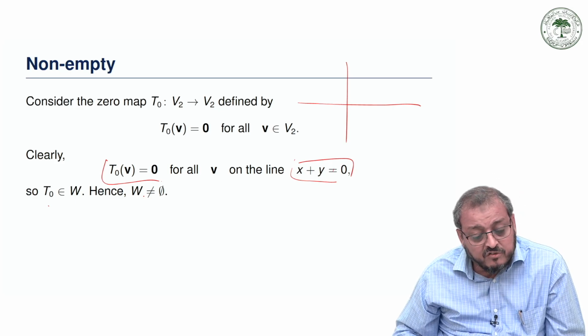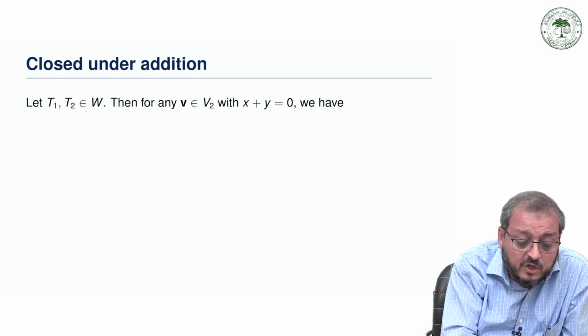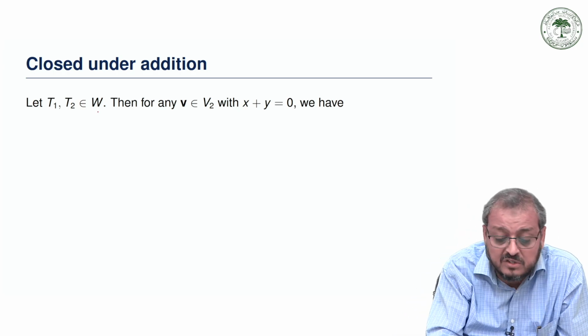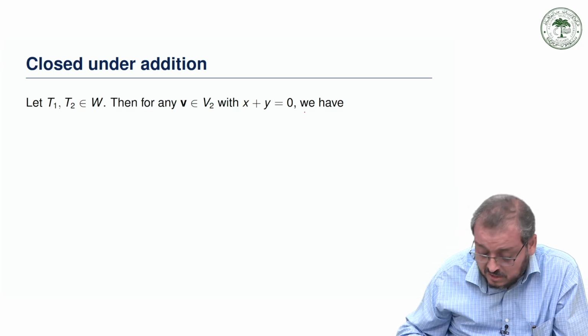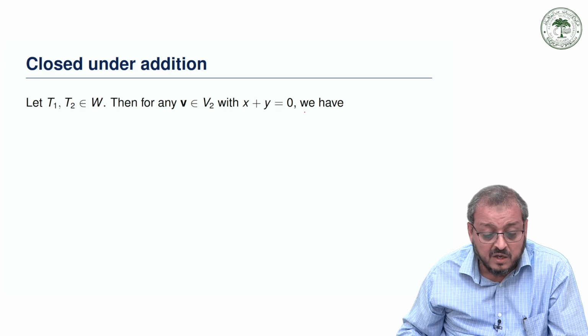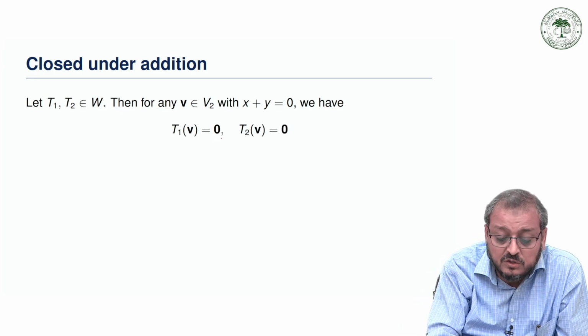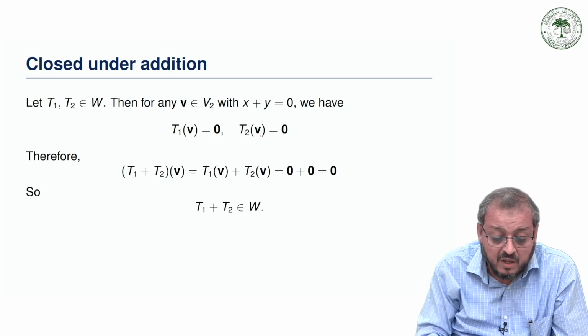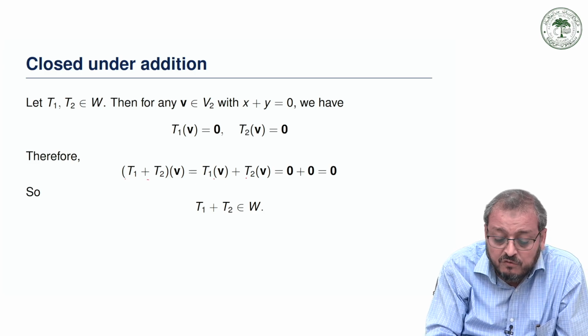Okay, so now W is non-empty. Let T1, T2 be elements of W and V an element of V2 with x plus y is equal to 0. So we take T of V1 is equal to 0, T of V2 is equal to 0, and T of V1 plus V2 is equal to 0.